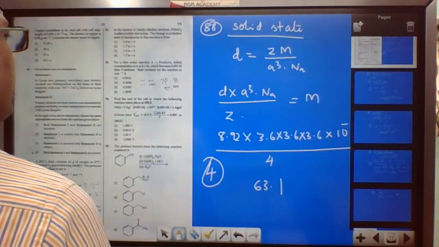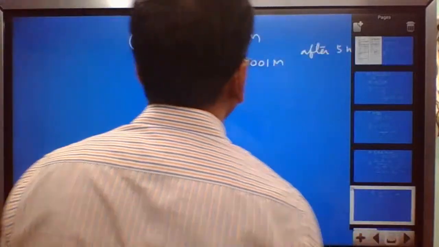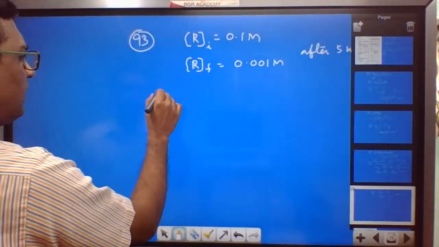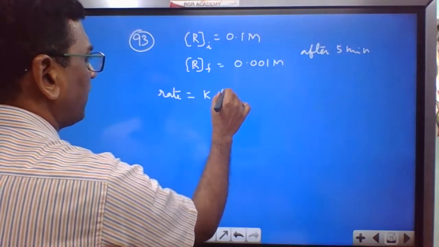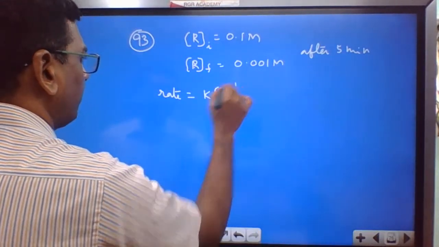It's a first order reaction. First order reaction means rate is equal to K into concentration of reactant power 1.